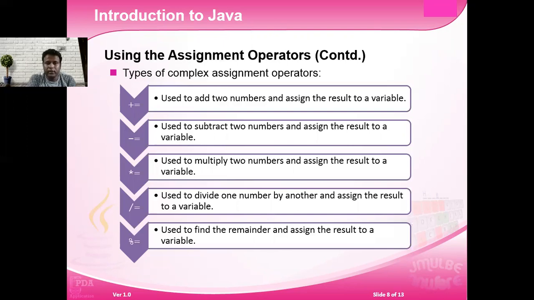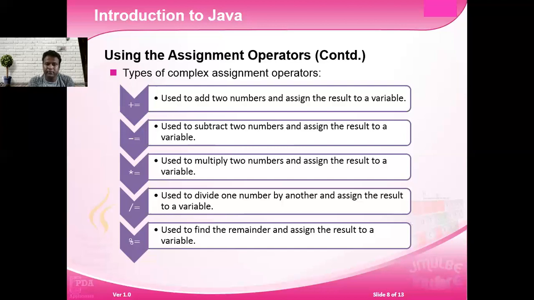These are the types of complex assignment operators. One is plus equals, used to add two numbers and assign the result to a variable. Then minus equals, used to subtract two numbers and assign the result to a variable. Similarly, multiply equals is used to multiply two numbers and assign the result to a variable.